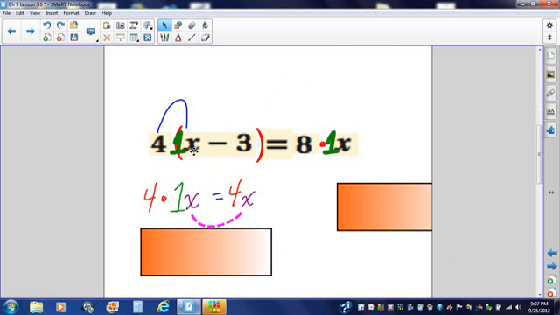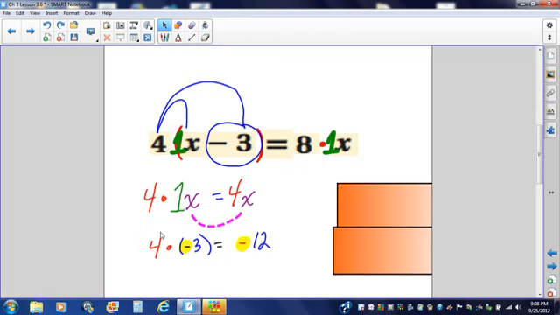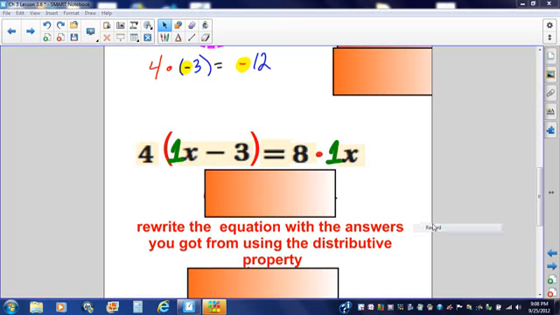So when I multiply these together, I get 4x. Now I am going to distribute the 4 with negative 3. So now I have 4 times negative 3. That's going to give me negative 12. All right peeps, this was my original equation.